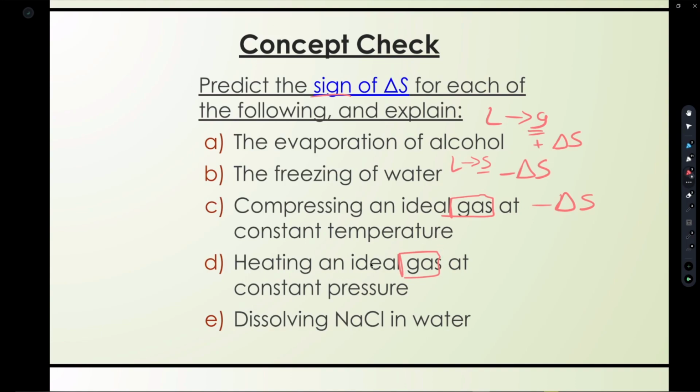This is also a gas, so we know that heating it will result in an increase in entropy. Dissolving NaCl in water, NaCl also known as salt, and we know that dissolving also increases entropy.